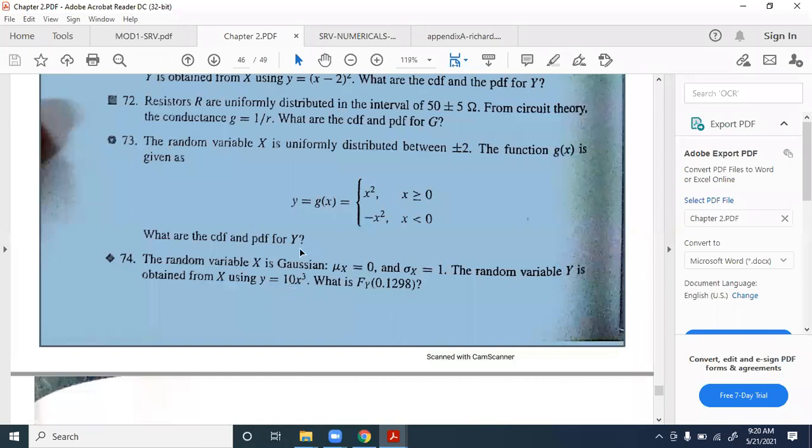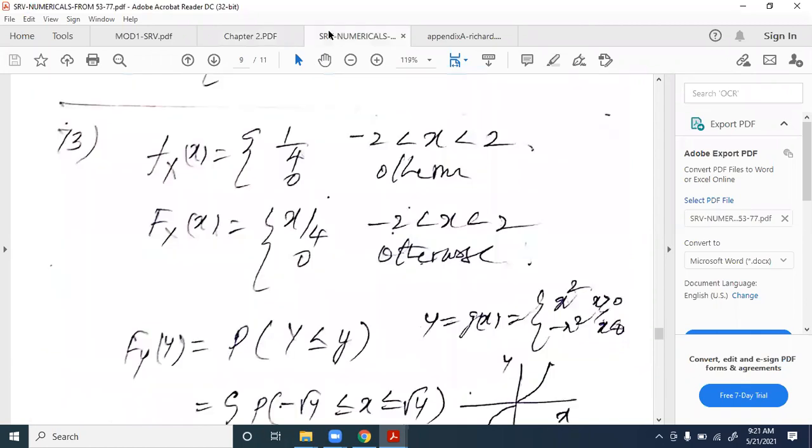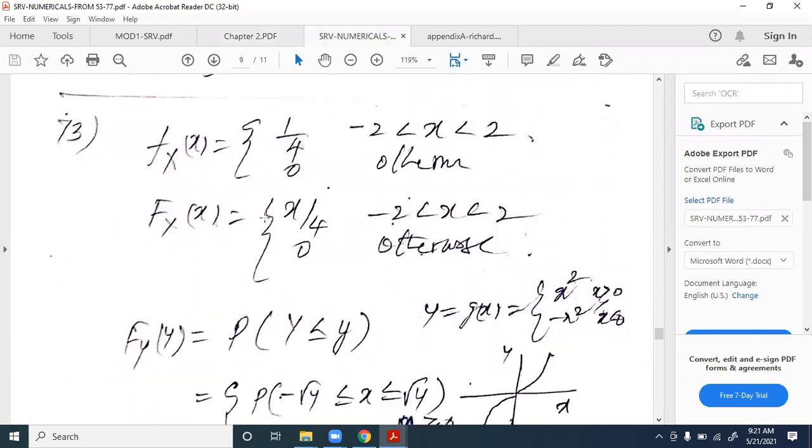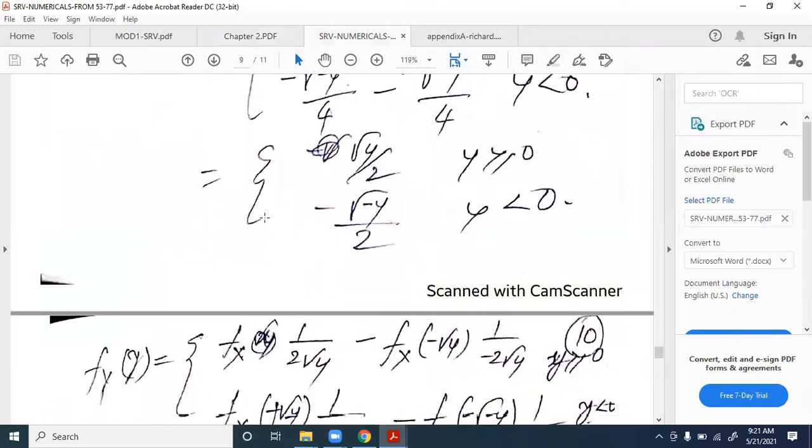So we are writing an equation here. This is a function, so we are talking about a function of the random variable. We need to find the value of fy at 0.1298. Okay. So to solve this, we need to consider the Gaussian random variable.